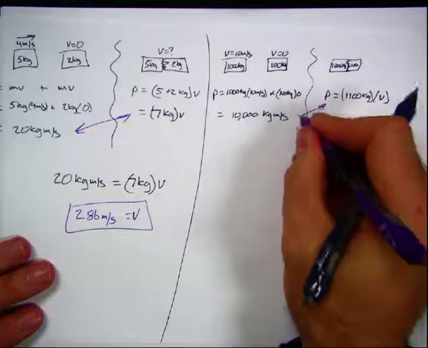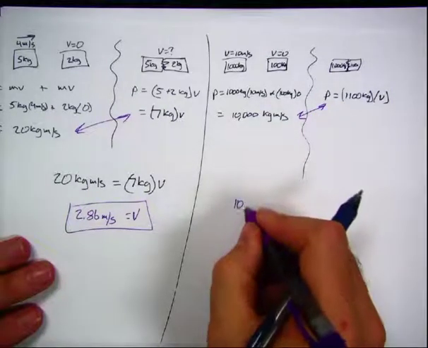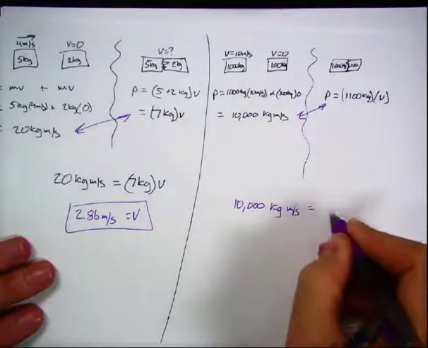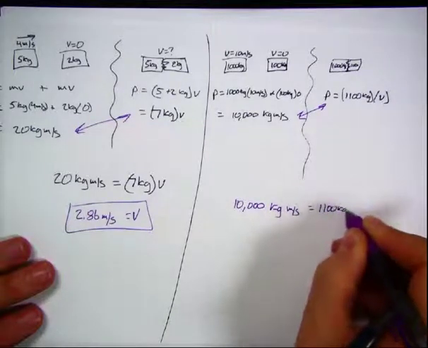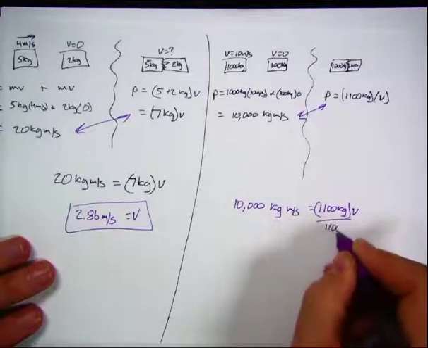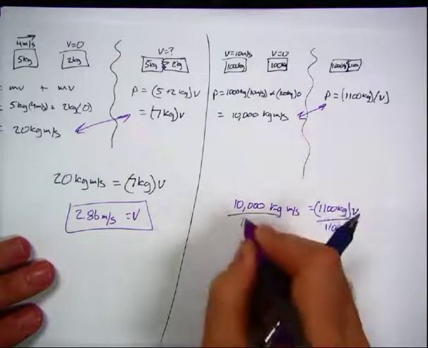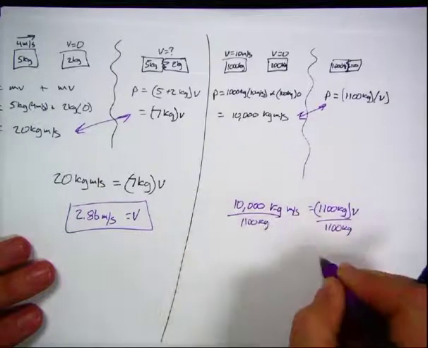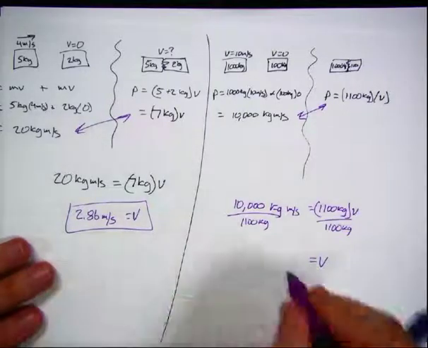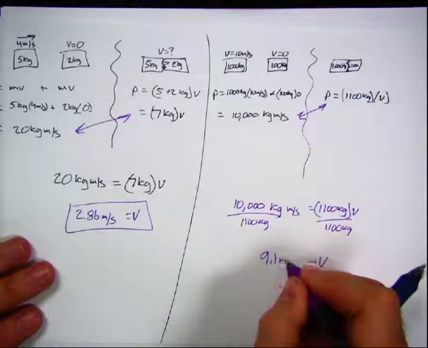Conservation of momentum says that these two are equal, so 10,000 kilogram meters per second is equal to 1,100 kilograms times the velocity. So dividing both sides by 1,100 kilograms, we're going to end up with a final velocity for the car and the bike situation of 10,000 divided by 1,100, and we get 9.1 meters per second.